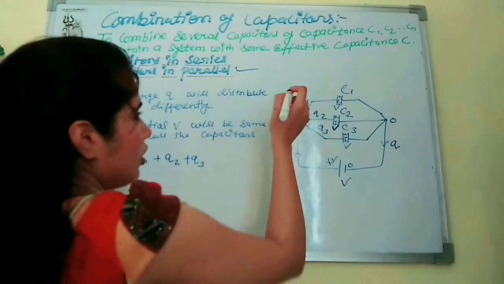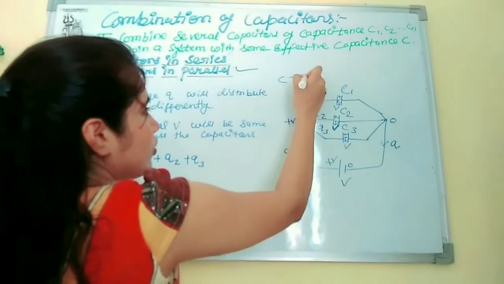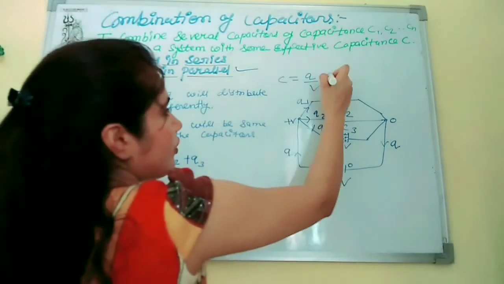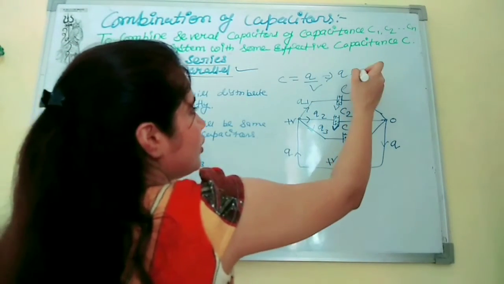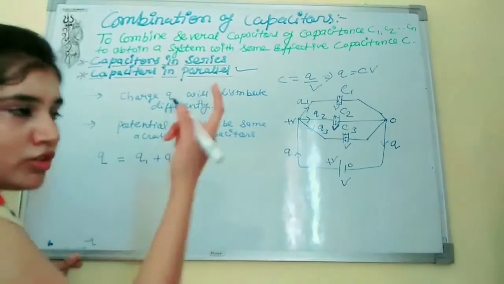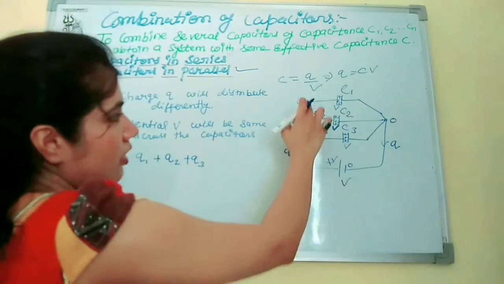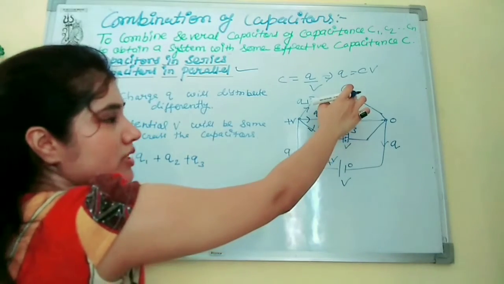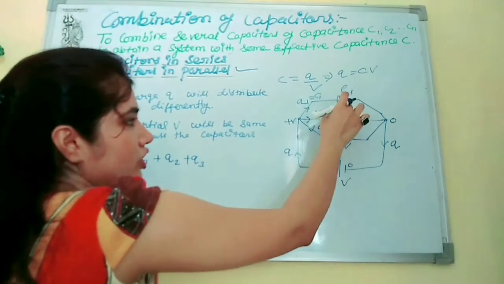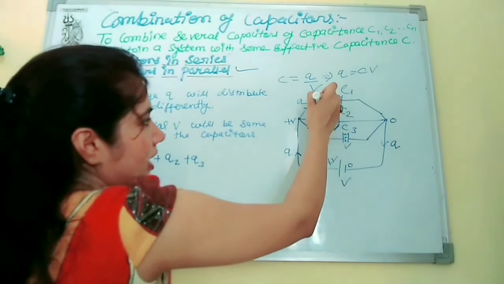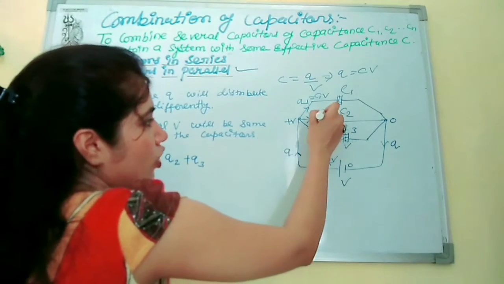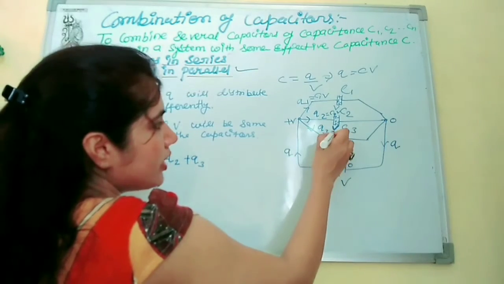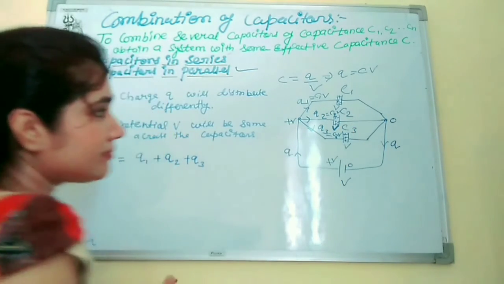Now we know the formula of capacitance, C equals Q by V, and expressed in terms of Q, that becomes Q equals CV. Here Q1 will be, because of capacitor C1 and the same potential V, C1V. Q2 will be C2V, and Q3 will be C3V.